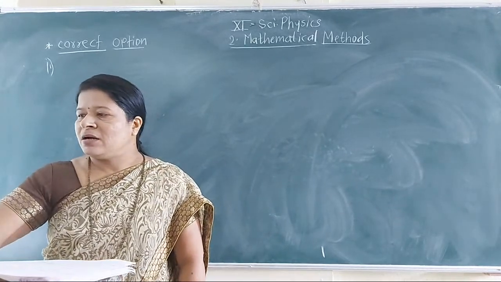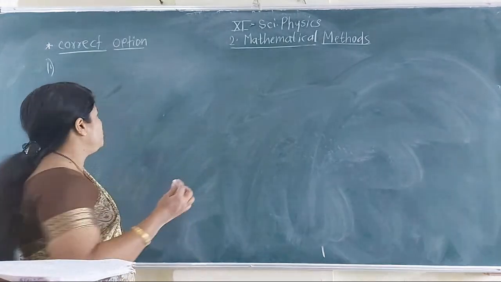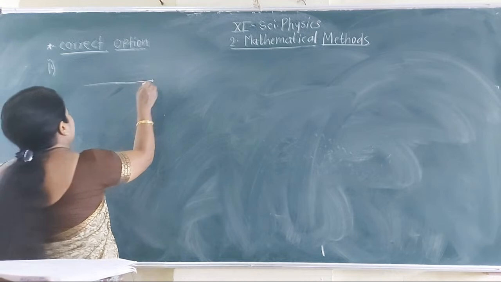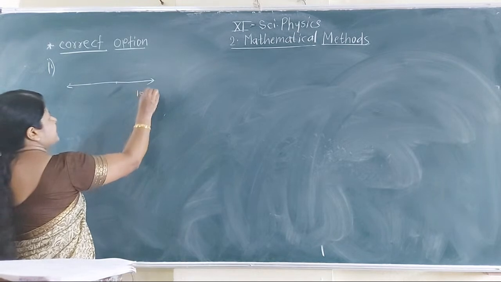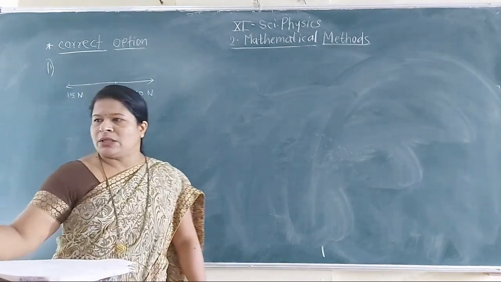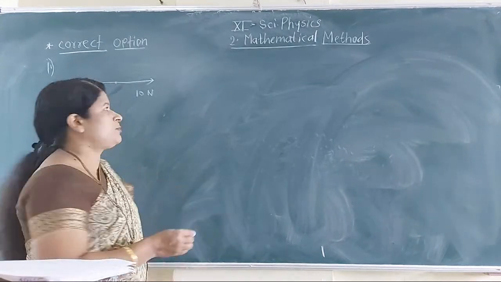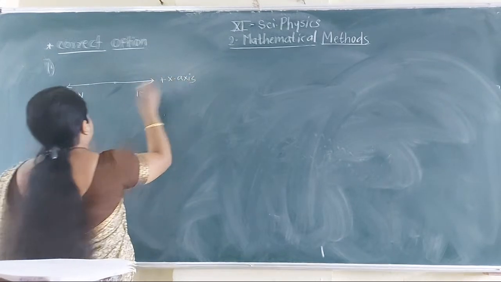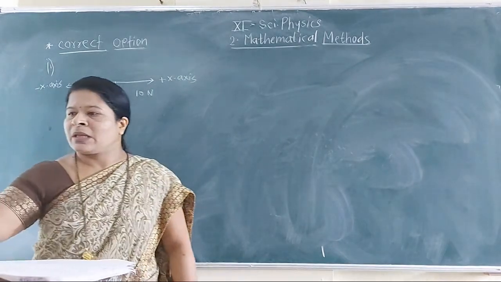The resultant of two forces 10 Newton and 15 Newton, here is 10 Newton and here is 15 Newton, acting along positive and negative x-axis respectively.